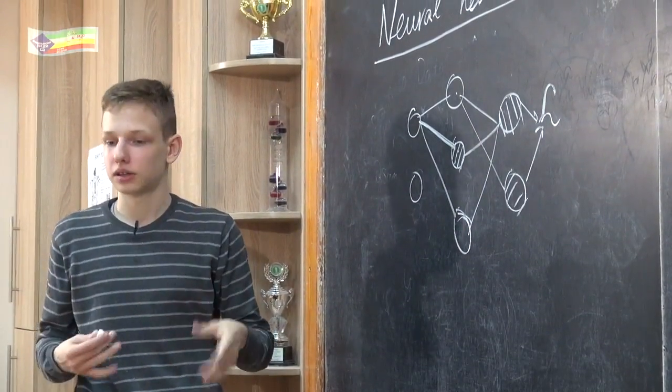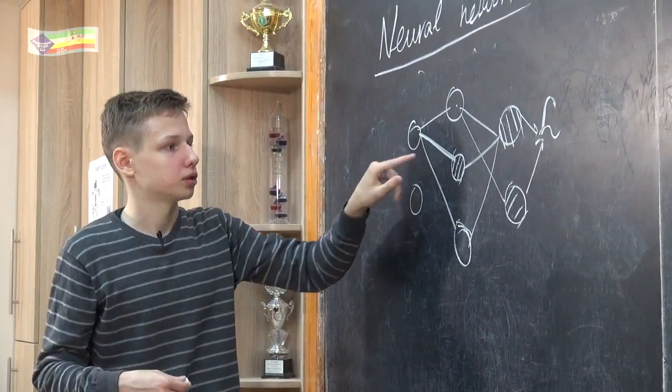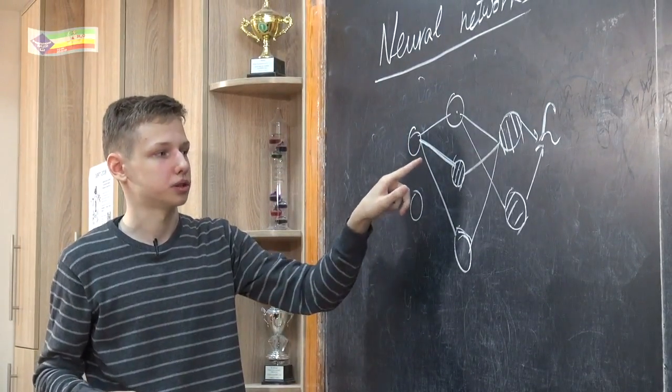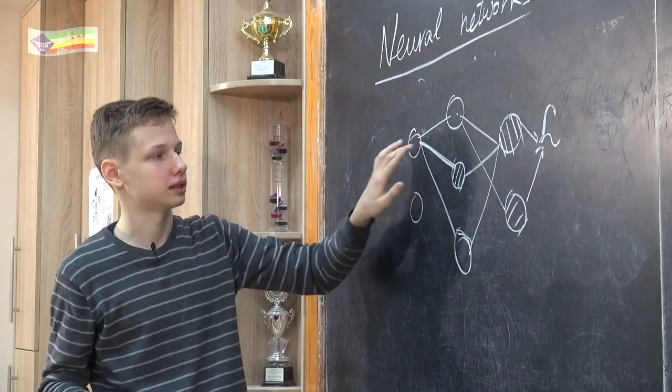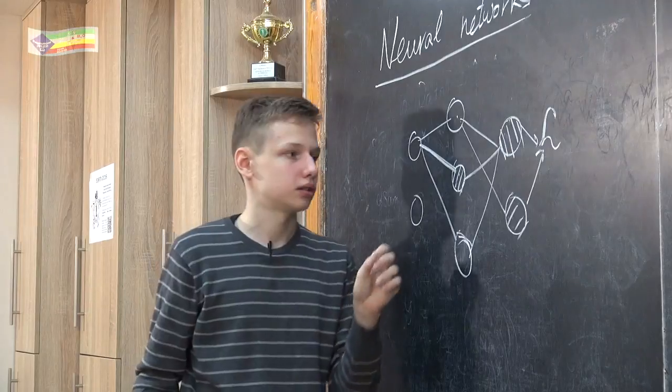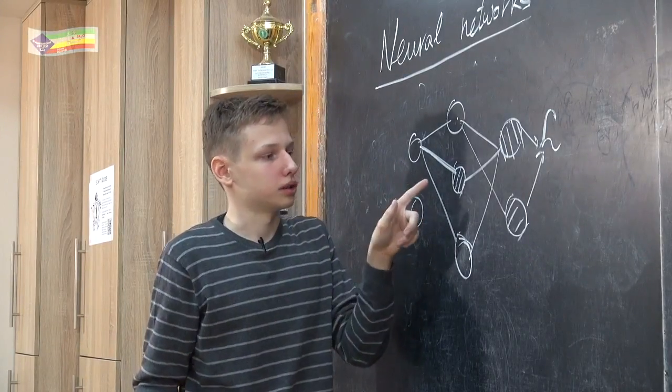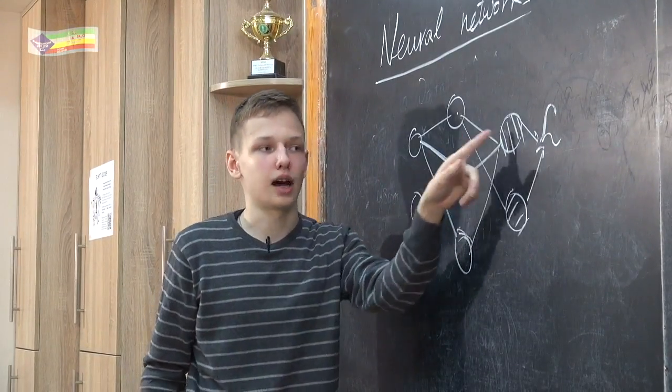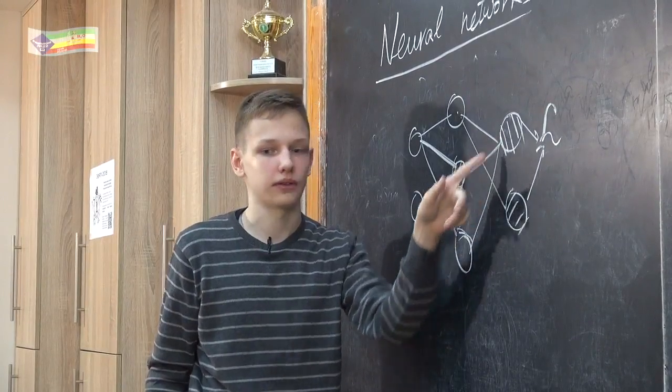So that means that if you want to calculate the partial derivative of loss with respect to these weights from this table of connection between input and hidden layer, then you need to consider how it affects this neuron, and then sum all these effects.